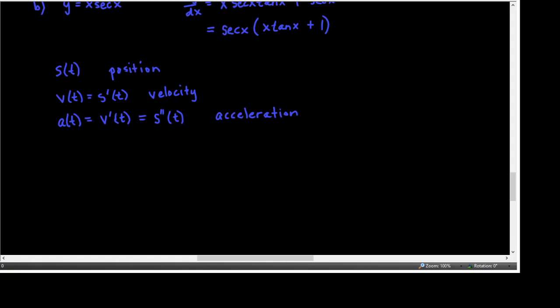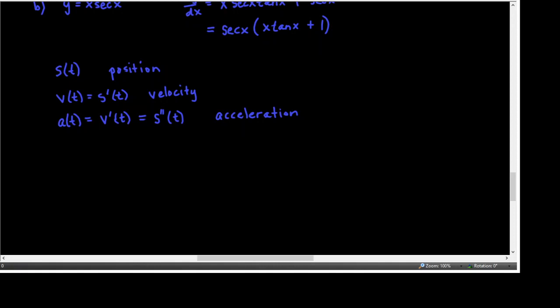This is kind of interesting if you're in physics at all. The derivative of acceleration is called jerk. So it's the third derivative of position that is jerk. And then the next derivative is snap, then crackle, then pop.